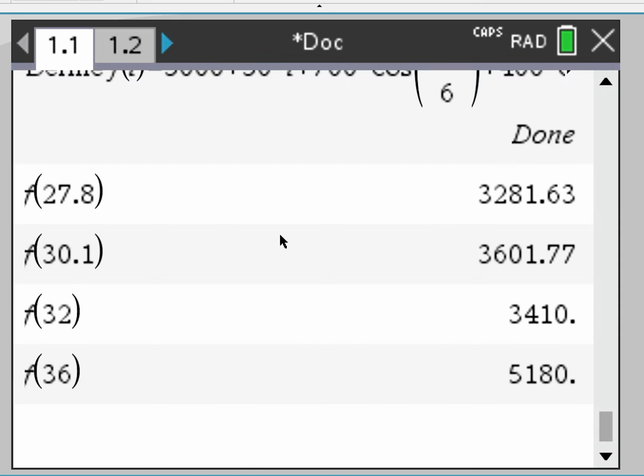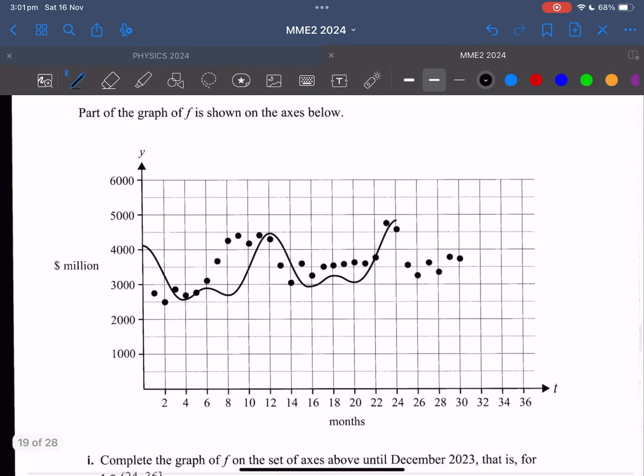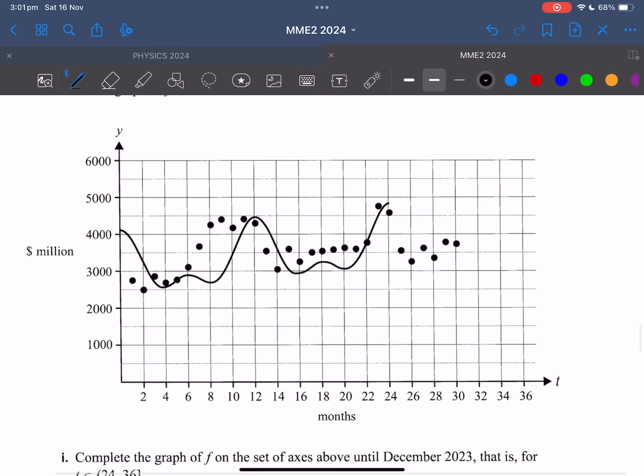Okay. So let's quickly just graph this using the points that we just found. So 27.8 and 3281. So 27.8 and 3281 somewhere here. And 30.1 and 3600. So 30.1 and 3600 somewhere here. And then we have 32, which is 3410. So somewhere around here.